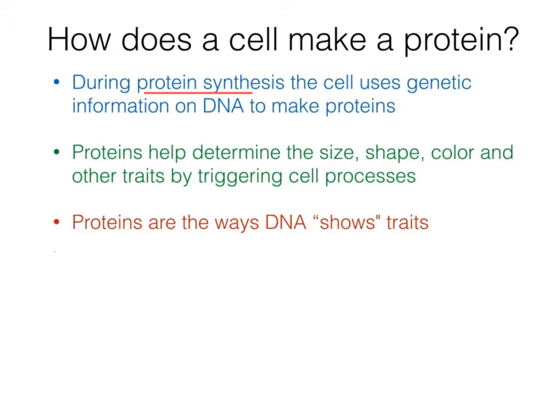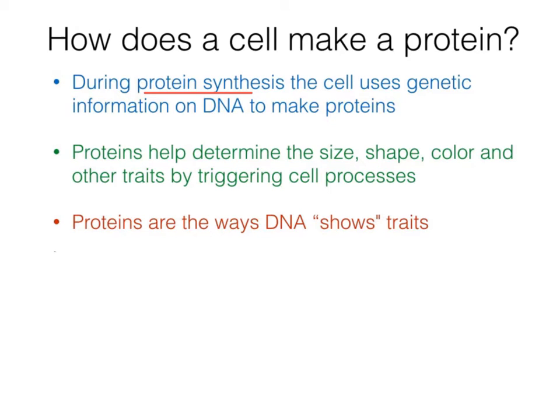And we said genes could be a couple of hundred base pairs long or 20,000 base pairs long, but a section of A's, T's, C's, and G's, a section of adenines, thymines, cytosines, and guanines, make up a very specific code for a trait. And what that means is they make up a very specific code for a protein that will cause your cells to then exhibit the trait.